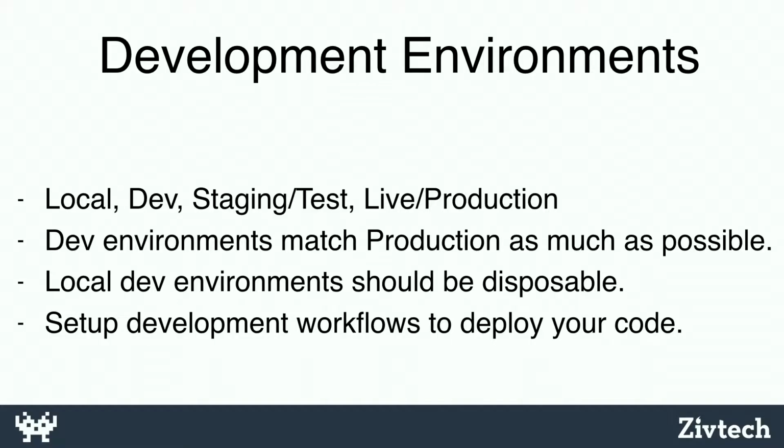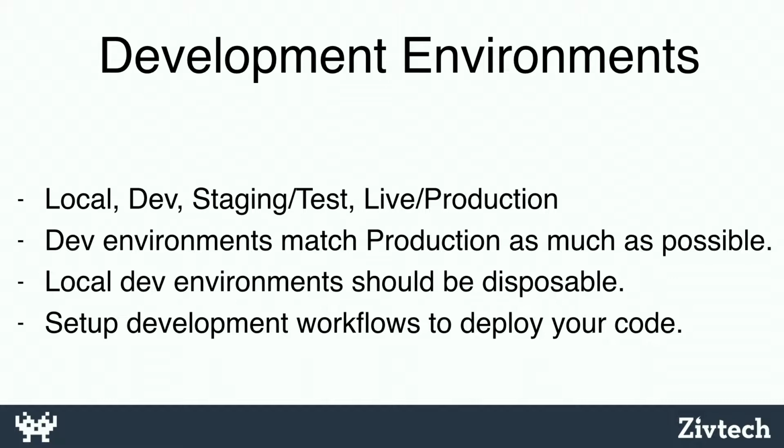So the first thing we'll look at is development environments. Some of you may already be using these. If you're not, you probably should start. So we're going to start at a local development environment, and then we'll have a varying number of other environments depending on how complex your project may be.